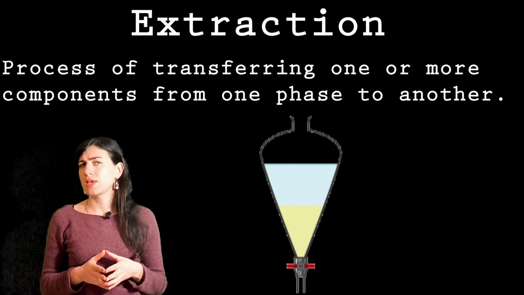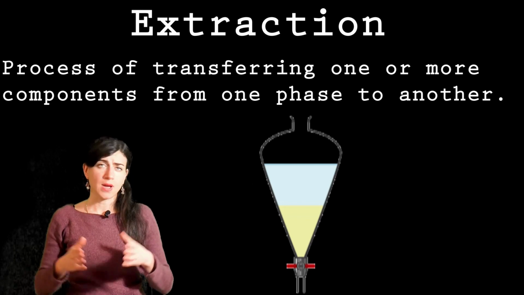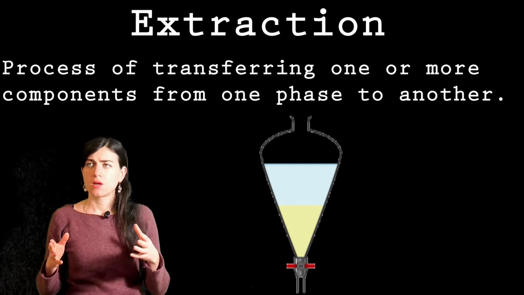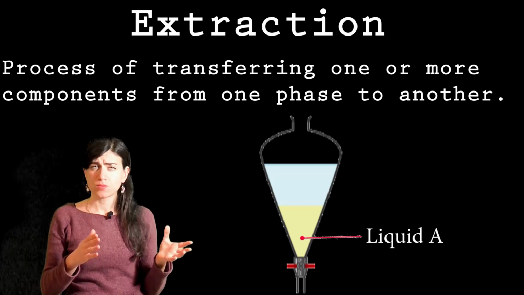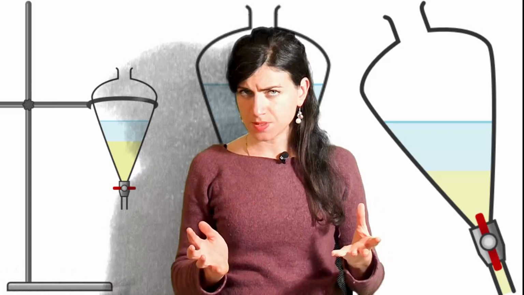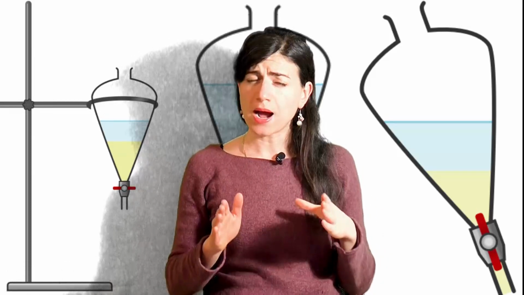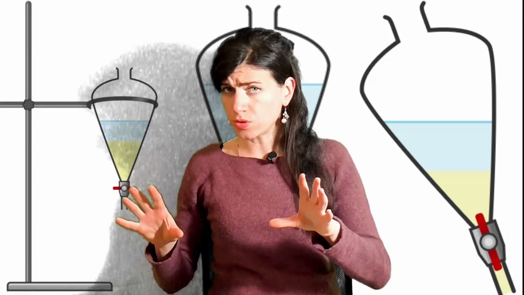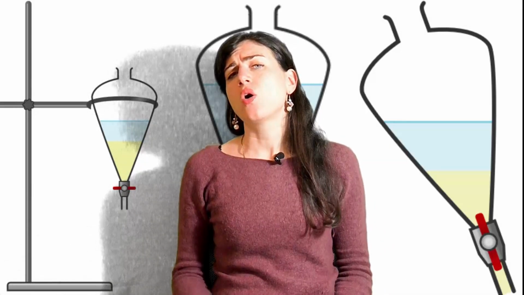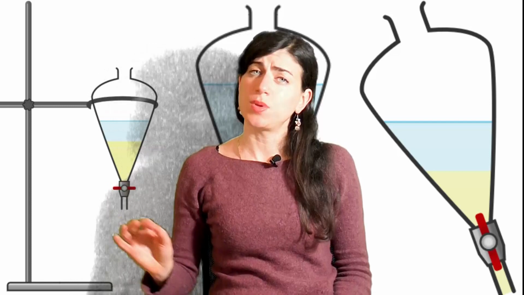These two liquids can be, in our example, water and toluene, but in general we could refer to them as liquid A and liquid B. So now that we have done all the premises, let's explore how the extraction occurs inside the separatory funnel, and then let's see all the key equations to keep in mind.